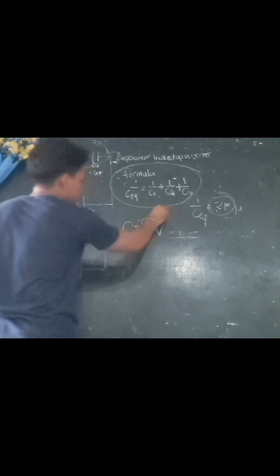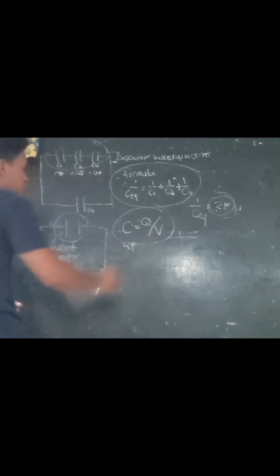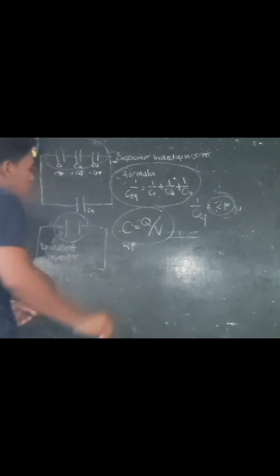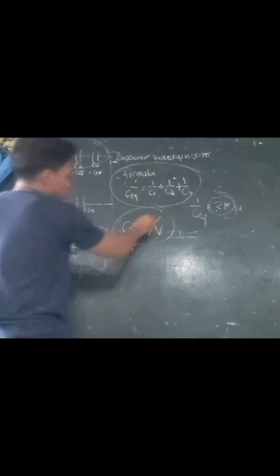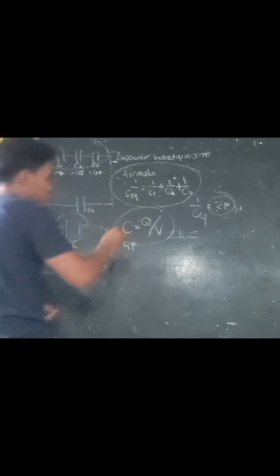Now that we have the total of the 3 capacitors, which is 2 farads, we will find the charges of these 3 capacitors using the formula capacitance equals electric charge over voltage.